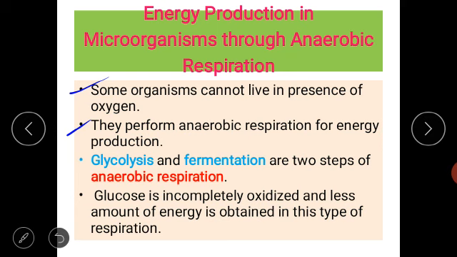Why is less energy obtained? Because it is not an economical biochemical pathway that produces a lot of ATP. That is why anaerobic respiration doesn't occur in higher organisms, because higher organisms need much more energy, and that is produced by aerobic respiration.